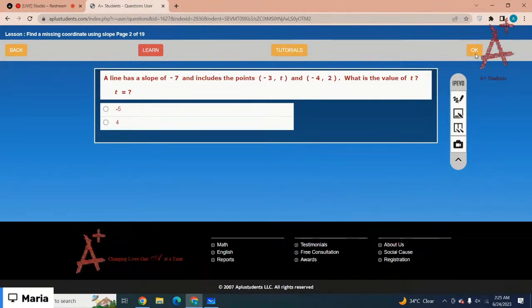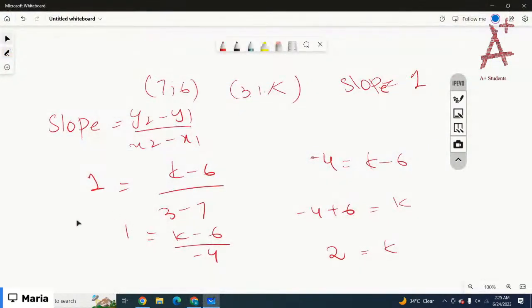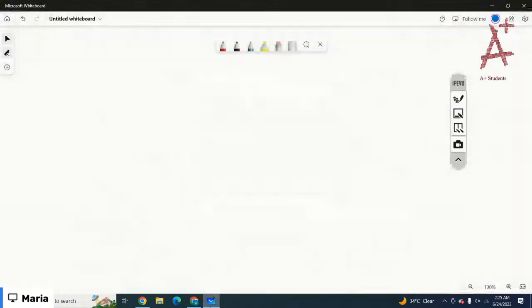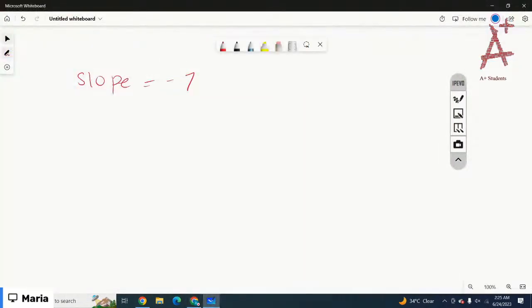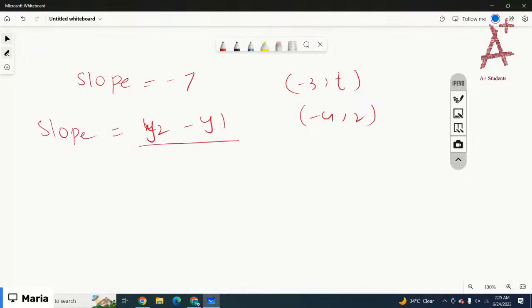Okay, a line has a slope of negative 7 and includes the points negative 3, t and negative 4, t. Okay, the slope is negative 7. The coordinates are negative 3, 2 and negative 3, t, negative 4, t. So the formula for the slope is y2 minus y1 over x2 minus x1.